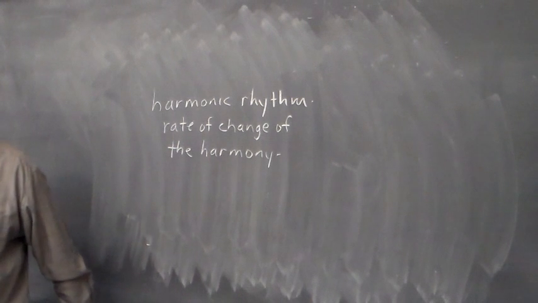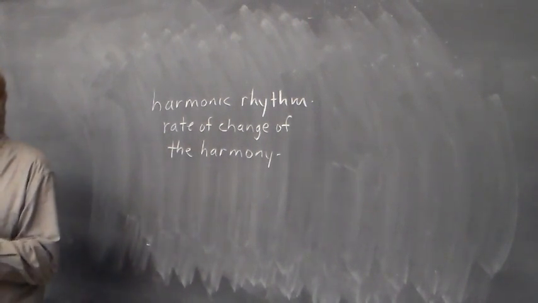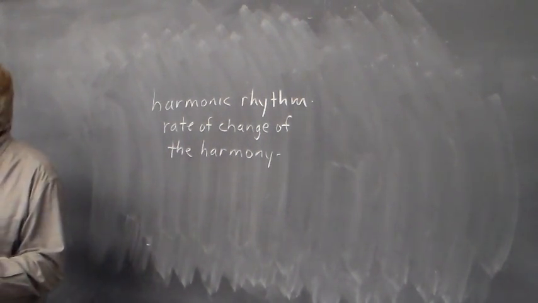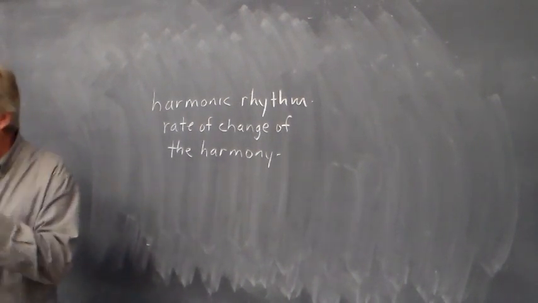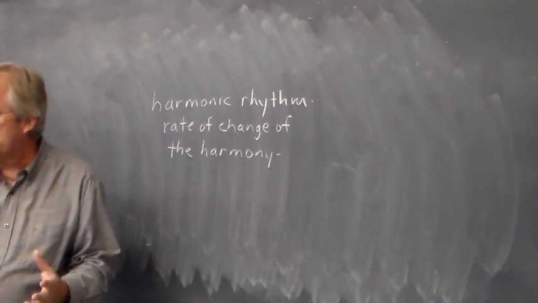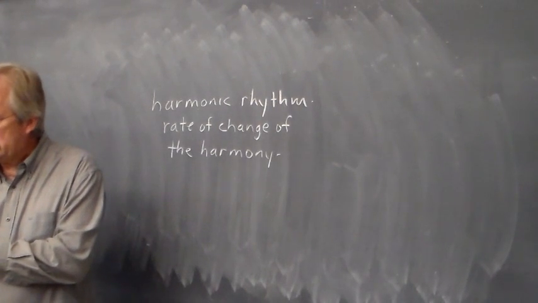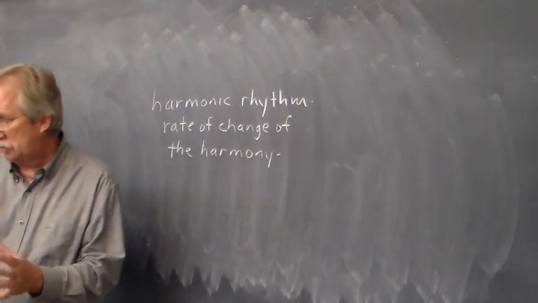So in general, a Baroque style features a faster harmonic rhythm. So you expect there to be more chords per measure as compared to a classical style, which will have fewer chords per measure.